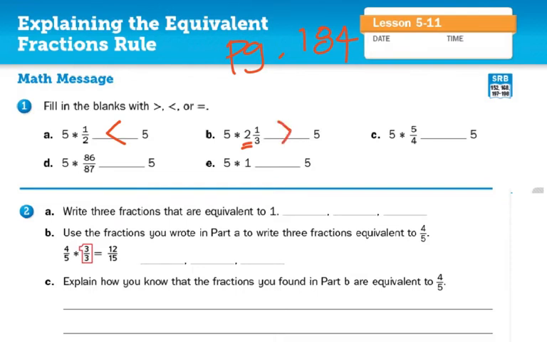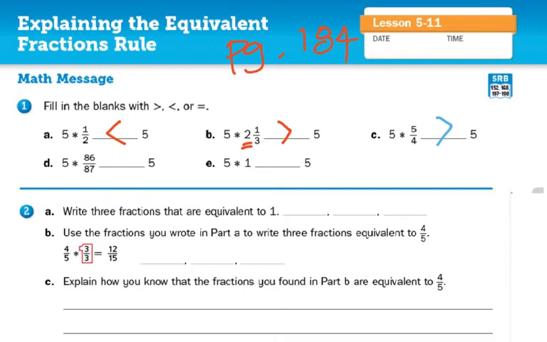So 5 times 2 1/3 is going to be greater than 5. C, 5 times 5/4. Well, be careful because 5/4 is the same as 1 1/4. So when we're multiplying by an improper fraction, you're really multiplying by a whole number and a fraction. So it would be greater than 5.